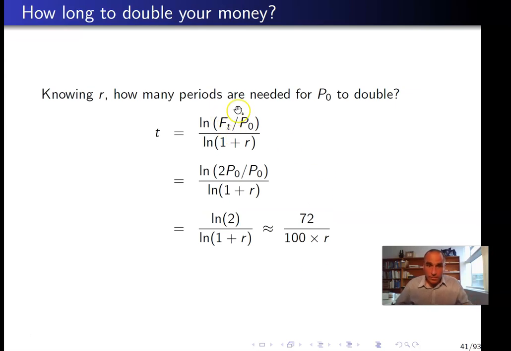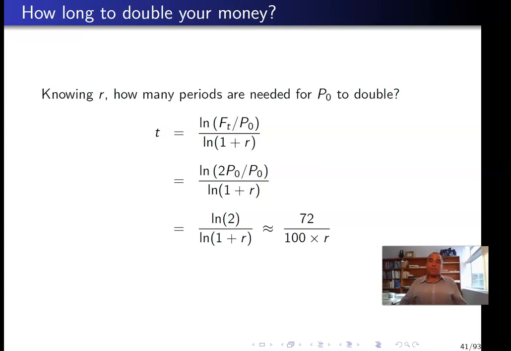So for example, how many periods are needed for P0 to double at the rate R? This is sometimes a rule of thumb that people use: the rule of 72. The log of 2 over the log of 1 plus R should be very close to 72 divided by the interest rate expressed as a number instead of a percentage.